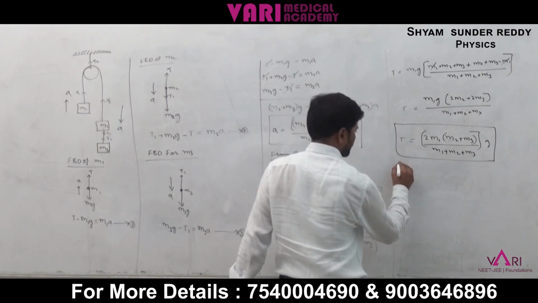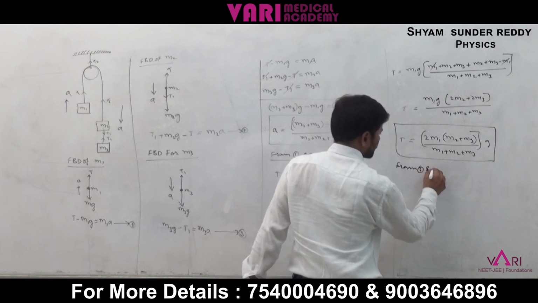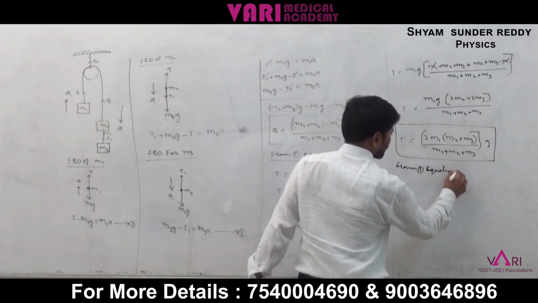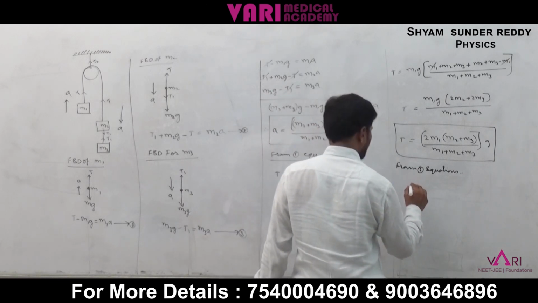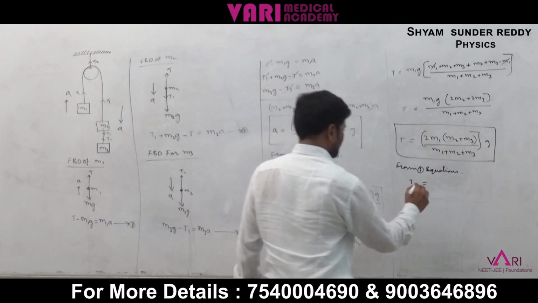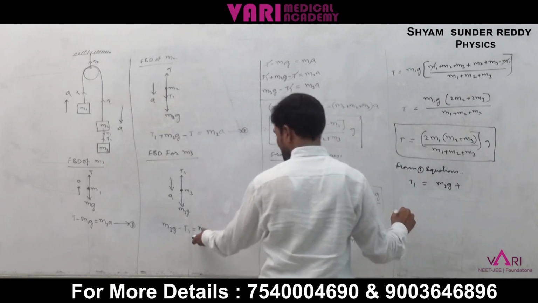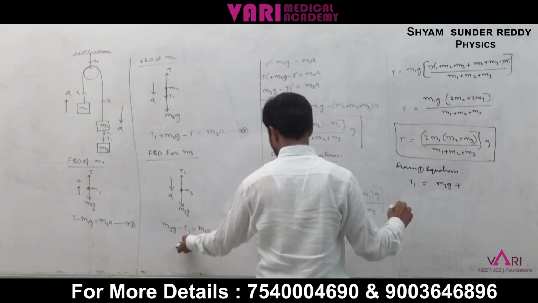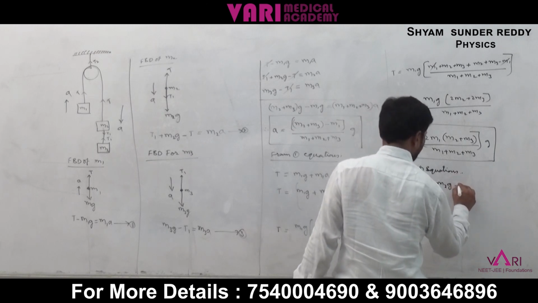From the third equation, T1 is equal to m3g minus m3a.